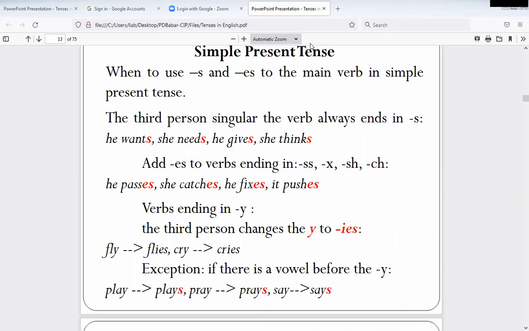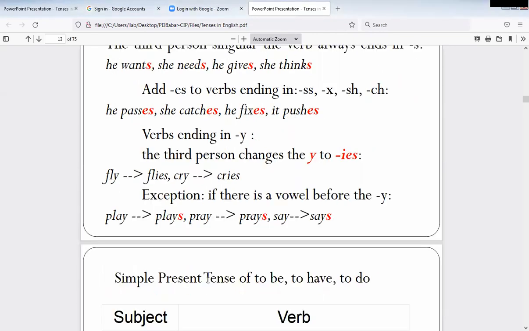For these verbs we will just add s as a suffix. Play will become plays, pray will become prays, and say will become says. So these are the conditions that we use.